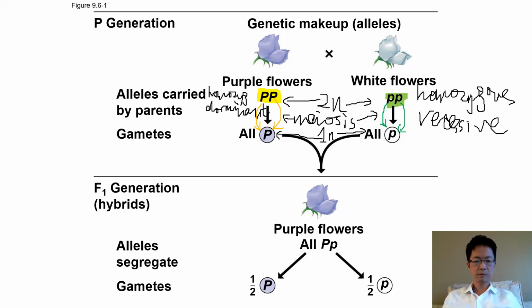So when you have a gamete with big P and a gamete containing a small p, it doesn't matter which one is sperm, which one is egg, as long as they are from the purebred parent. Then remember, Gregor Mendel used the paintbrush to fertilize the parent generation. So he crosses the parent, purple flower with white flower, so that the big P combines with the small p. So this is the fertilization here.